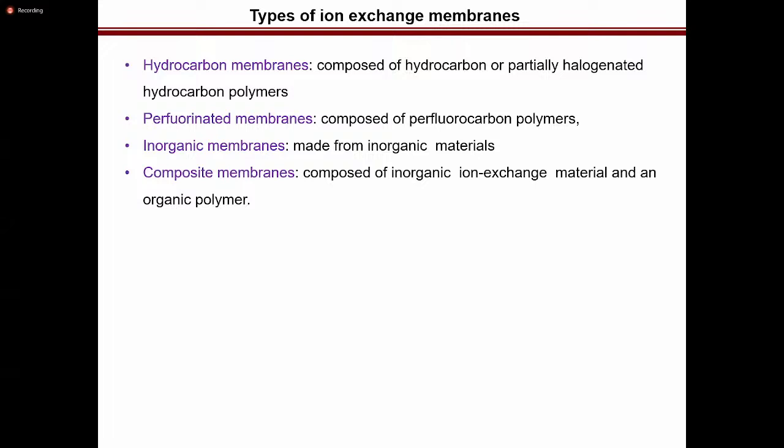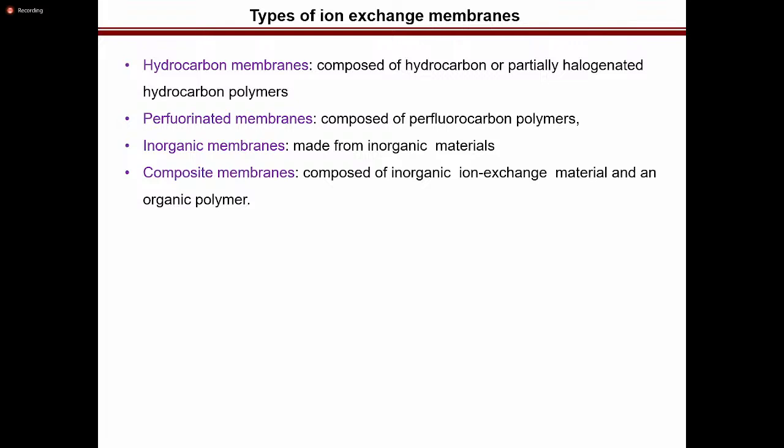But the perfluorinated type of membranes are quite expensive to produce. For example, Nafion is a perfluorinated membrane, and it's quite expensive compared to the other membranes which are made simply from hydrocarbons.